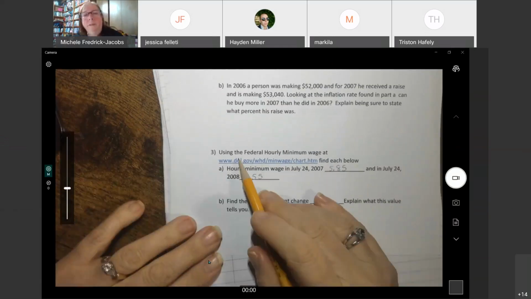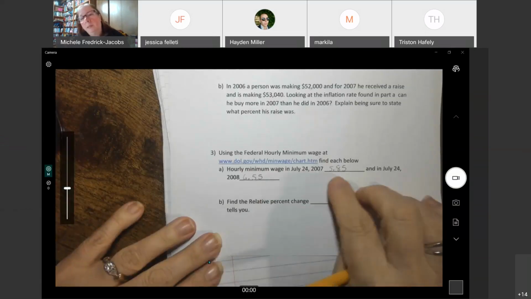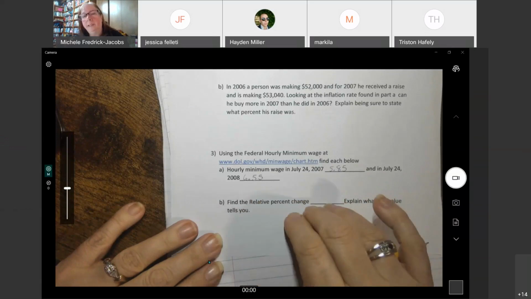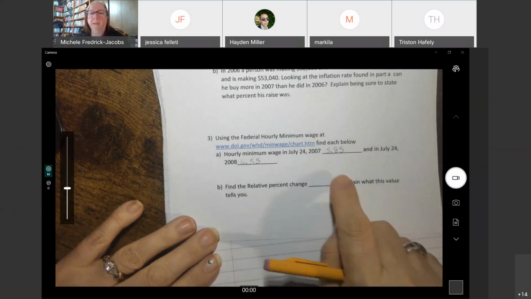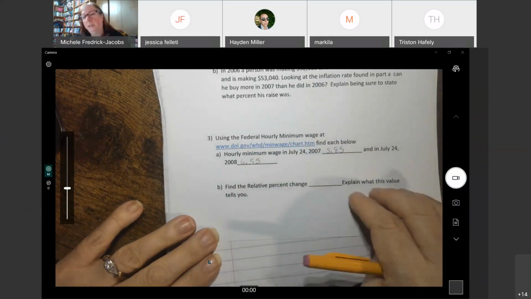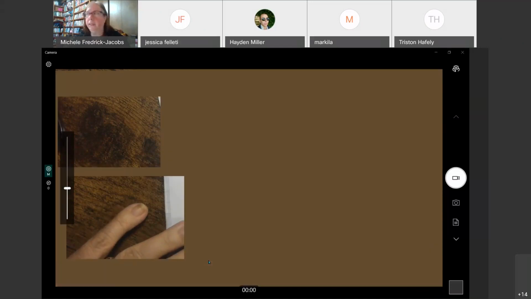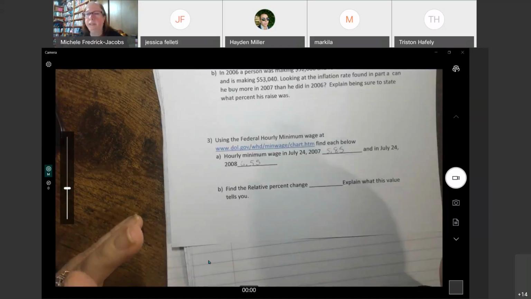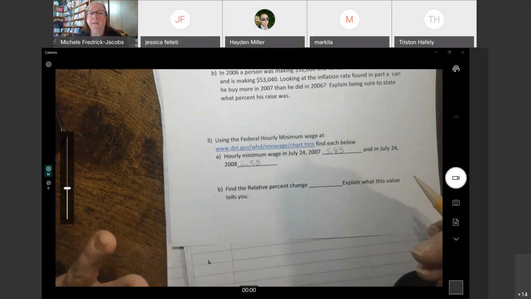So using the federal hourly minimum wage, and we found the two values. Notice there's a blank. When there's a blank, you're probably not writing a sentence. It'll say explain if you should write a sentence. So anytime you see a blank, just fill in, and then if it asks you to explain, then you would explain. That kind of helps you know when to write a sentence or not. But if you're not sure, just write a sentence.